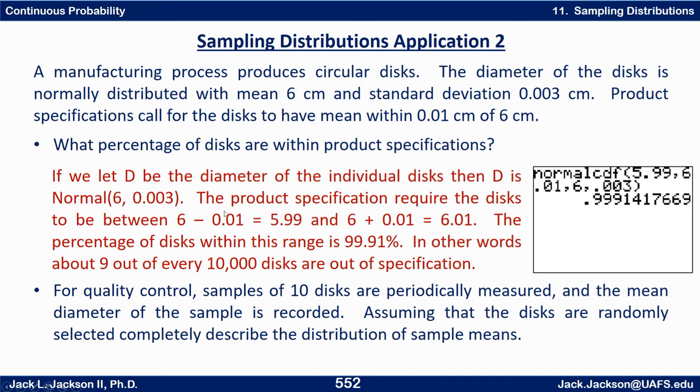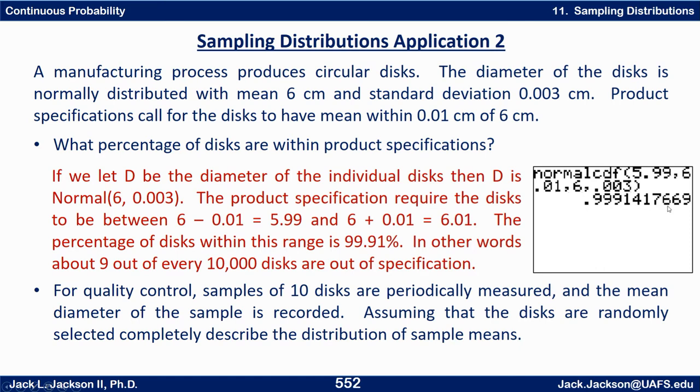Now, D is the diameter, and we're told that it's normal with a mean of 6 and standard deviation 0.003. And so we work this probability out with our normal CDF on the calculator. So that's normal CDF from 5.99 to 6.01 with a mean of 6 and a standard deviation of 0.003.